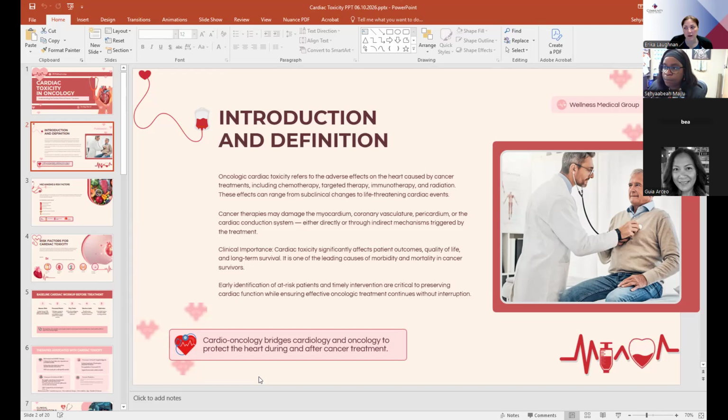Right. And yeah, I've seen a lot, if the EF is normal, there's really no cardiology involved. But a lot of the time, do you see it on the protocols, Gia? You know how we always see on the protocols the EF percentage has to be at a certain marker.